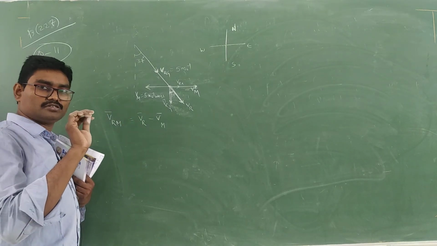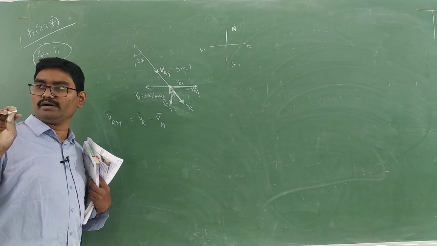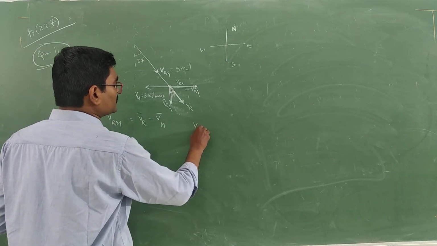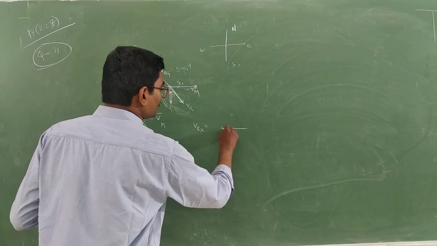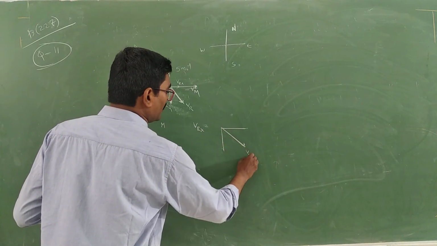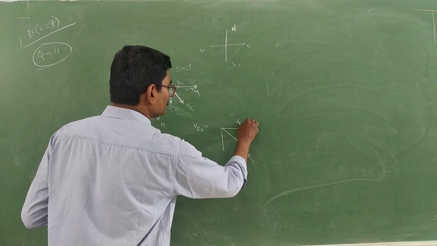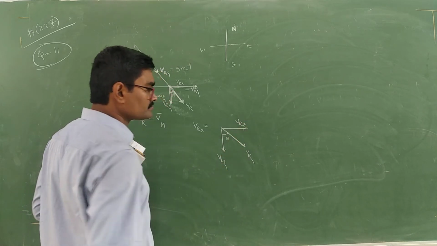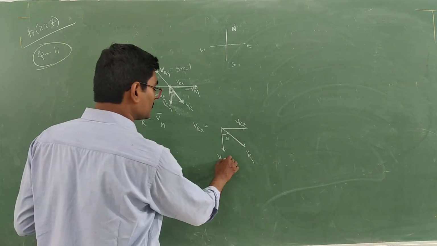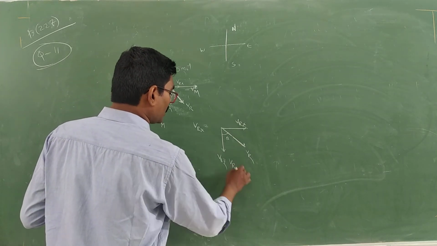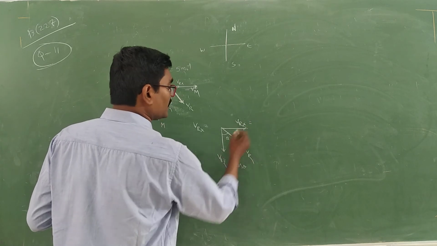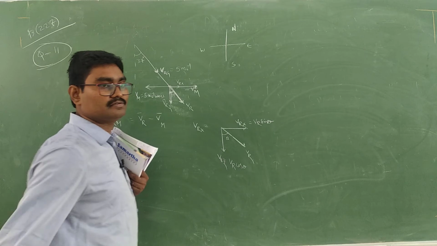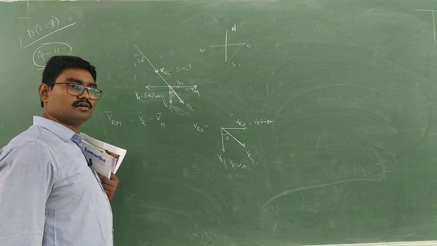Clear? Any doubt? This is making an angle theta. This is VRZ. What is VRZ? VR cos theta. What is VRX? VR sin theta. Correct or not?